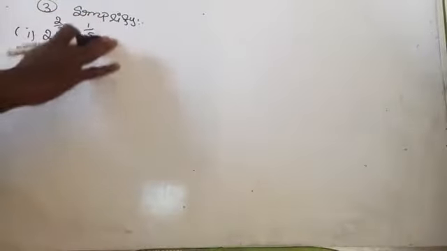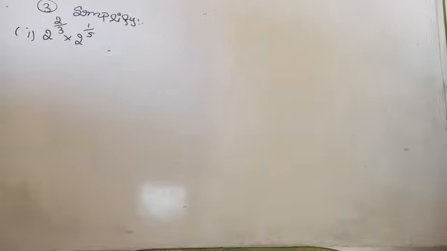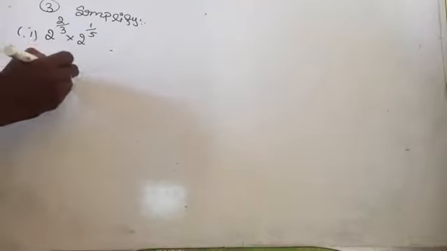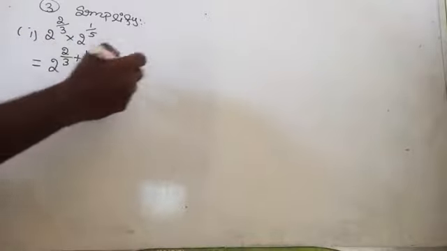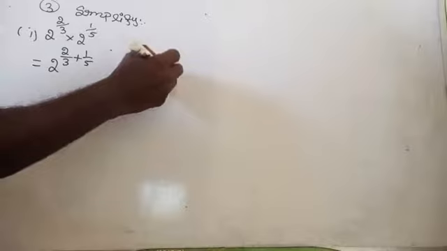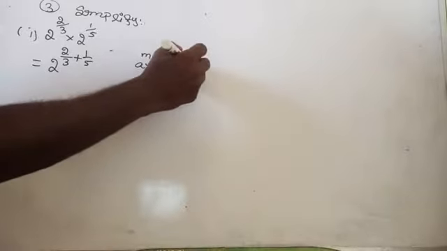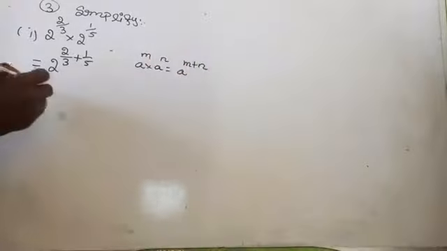So how can you write this one? It is in the form of a power m into a power n. So you can write a to the power m plus n, because we have the same base but different powers. That is a power m into a to the power n is equal to a to the power m plus n here.